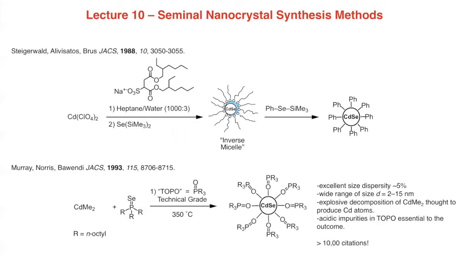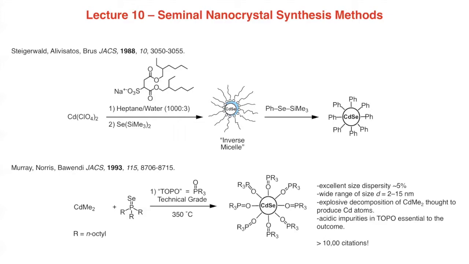Dimethyl cadmium was mixed with phosphine selenide and injected into TOPO, or trioctyl phosphine oxide, which is an industrial surfactant used in mining operations to extract various elements and make them soluble in organic solution. At 350 degrees C, these two reagents reacted with one another explosively. And in the end, poof, a sample of quantum dots formed with excellent size dispersity.